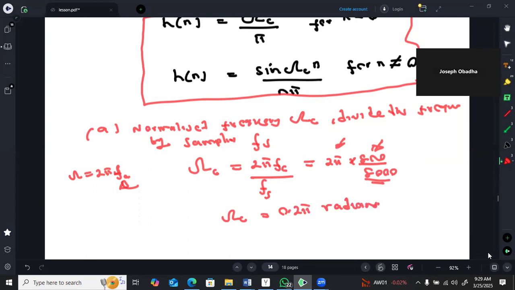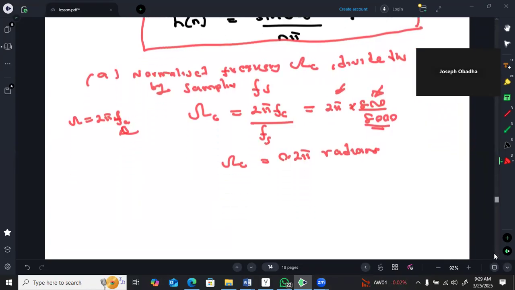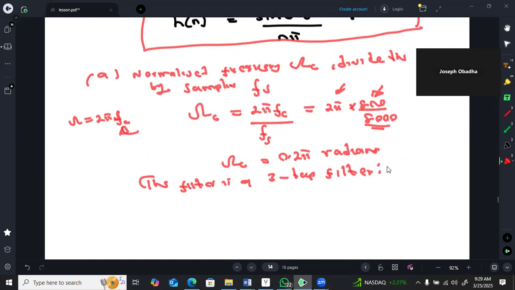Therefore, we can go ahead and determine the coefficients. We have also been told that it is a 3-tap filter. So this means that 2m plus 1 equal to 3.